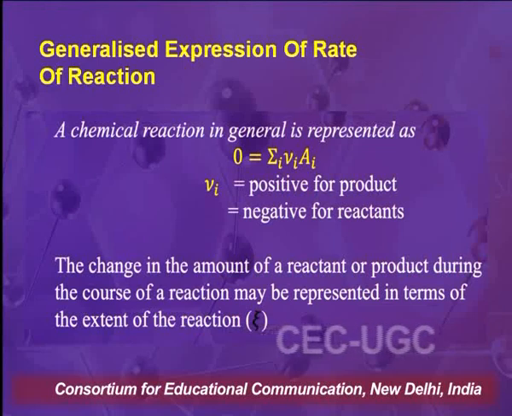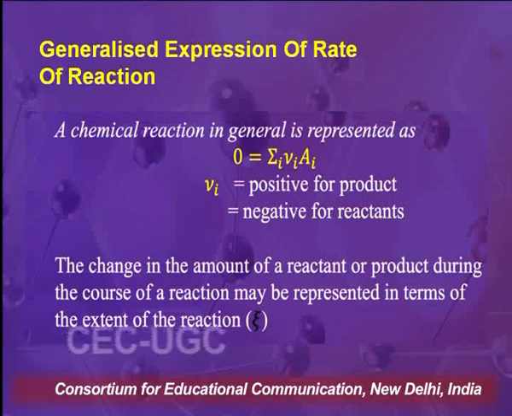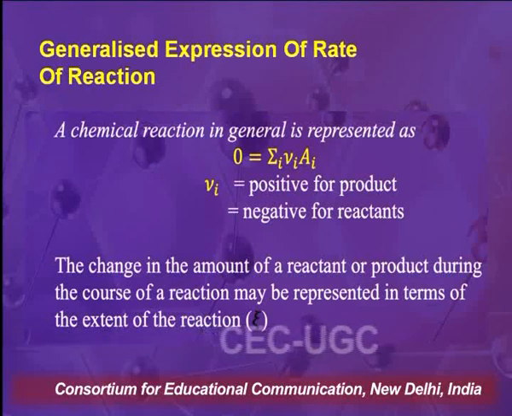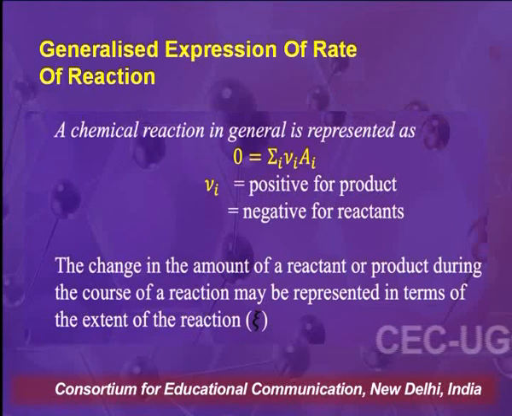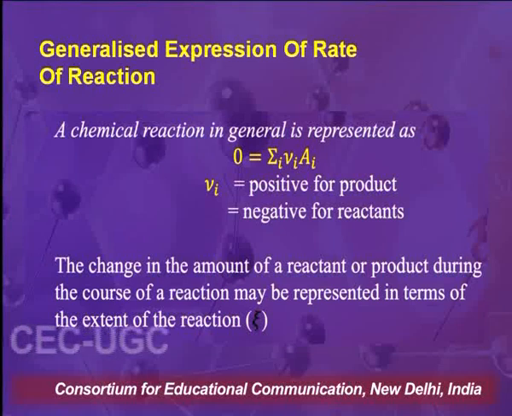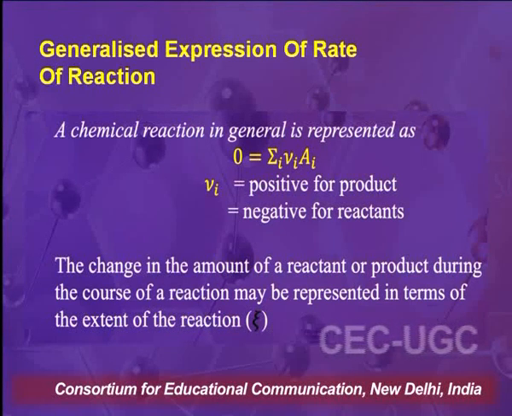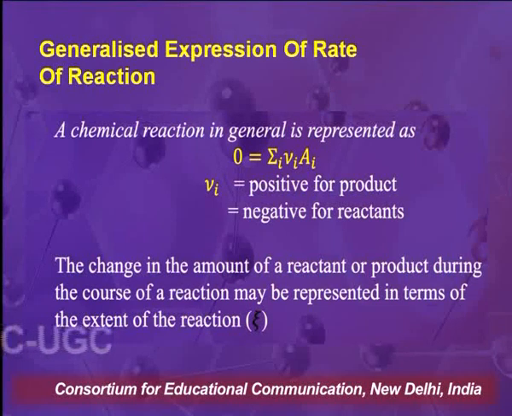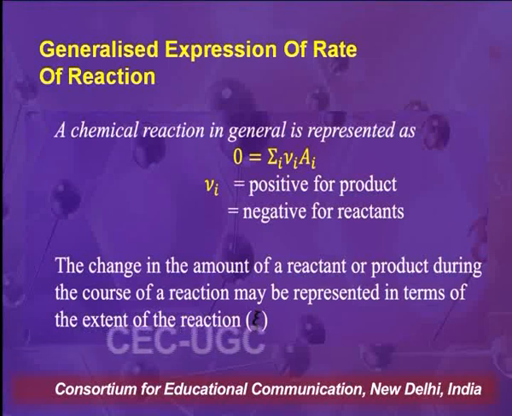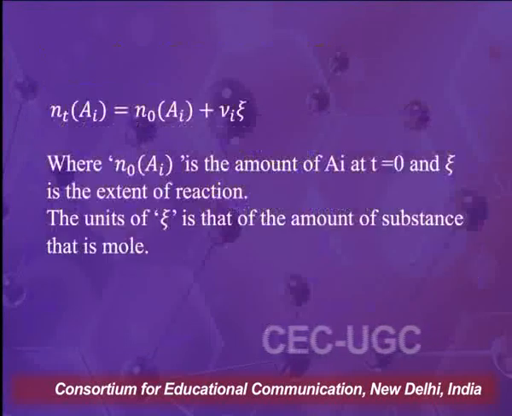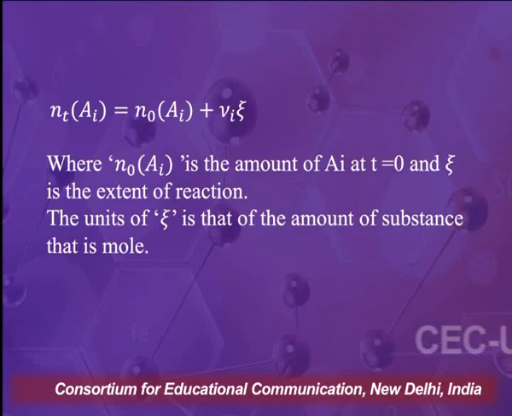A chemical reaction in general can be represented as 0 is equal to summation over i of nu i A i, where nu i is positive for products and negative for reactants. The change in the amount of the reactant or product during the course of the reaction may be represented in terms of the extent of reaction, which is represented as xi.